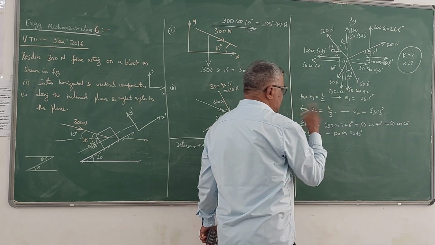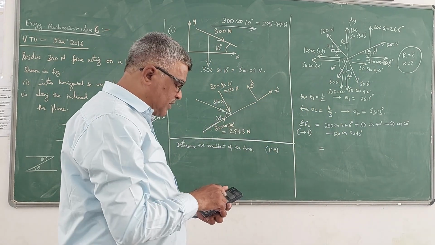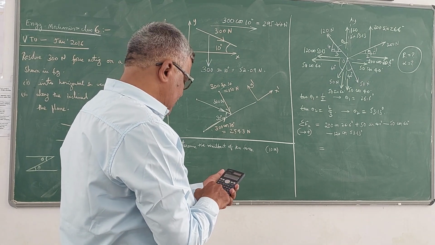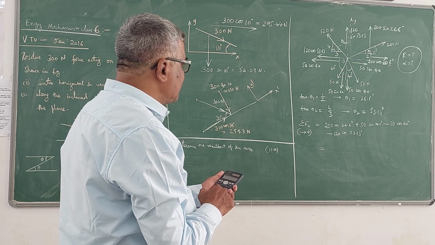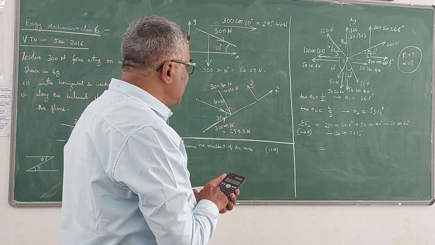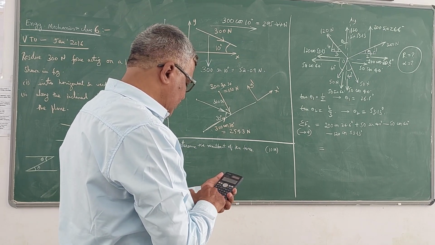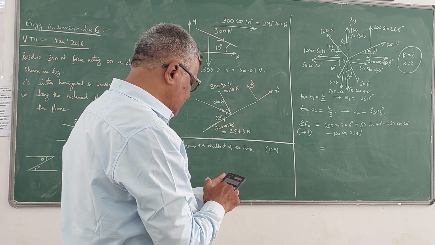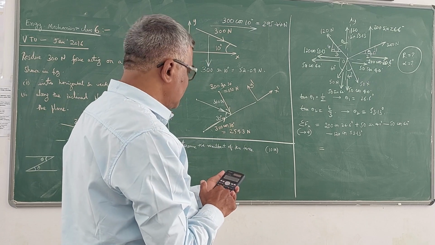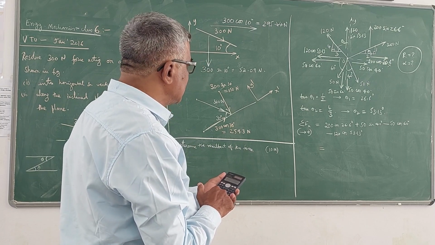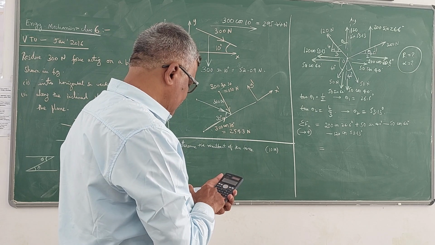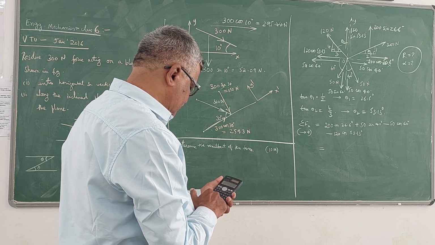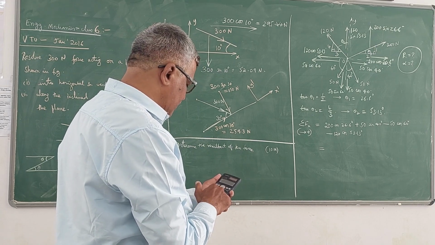Now we have to simplify this. So be careful in writing the positive and negative signs. So 200 into cos 26.6 degree plus 50 into sin 40 minus 50 into cos 60 minus 120 into cos 53.13.